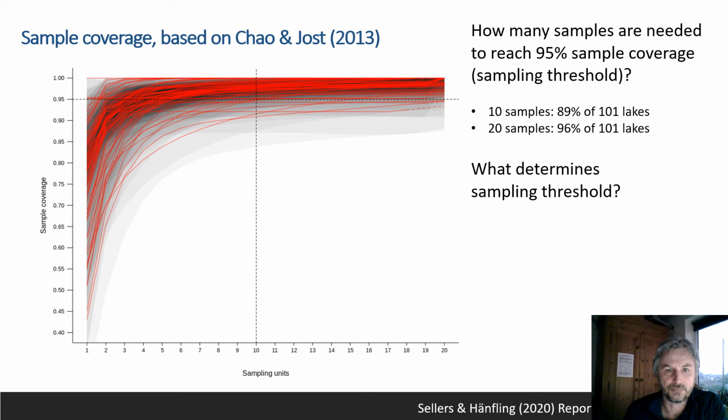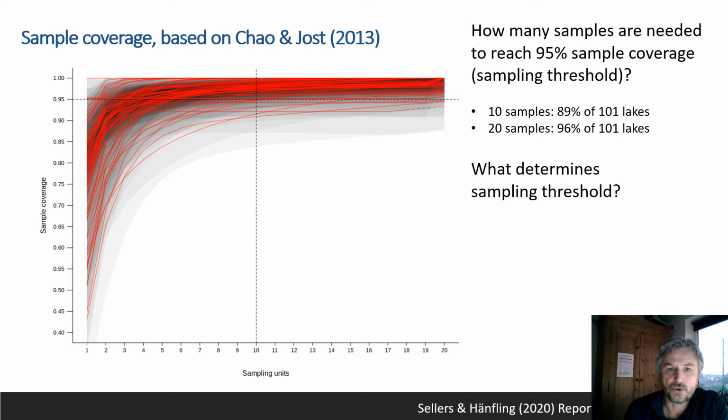For analysis purposes, we have chosen an arbitrary user-defined threshold of 95% sample coverage. So this is the point where 95% of the species richness of a lake is identified.